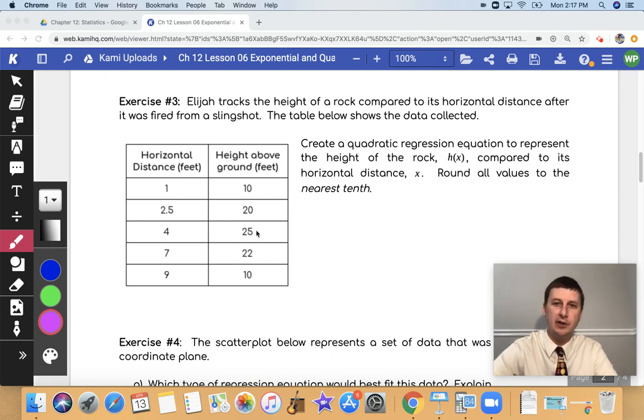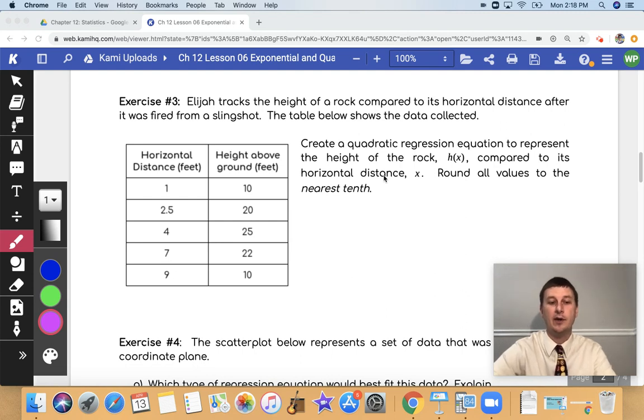Same with exponential equations. Exponential equations only increase or decrease. They don't do both. But a quadratic equation does increase and decrease, or decrease then increase. So we would be using a quadratic regression equation for an example such as this one.